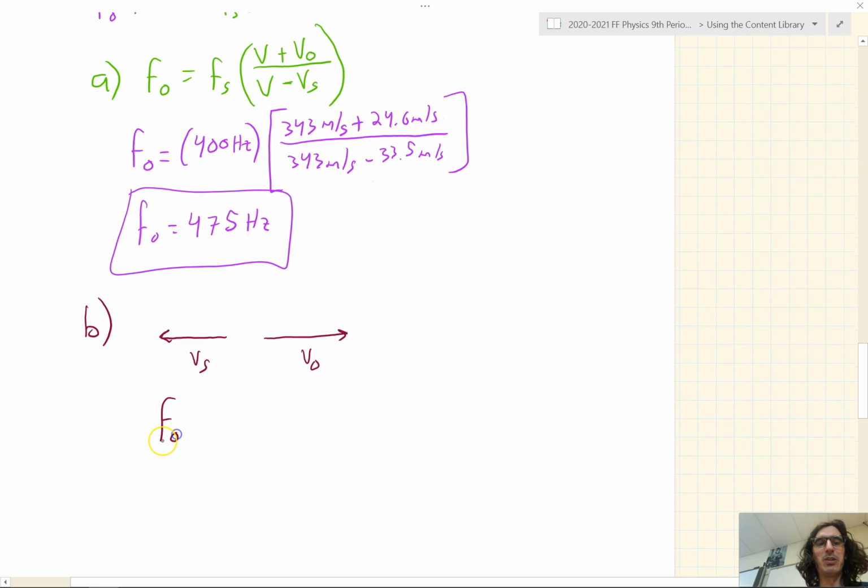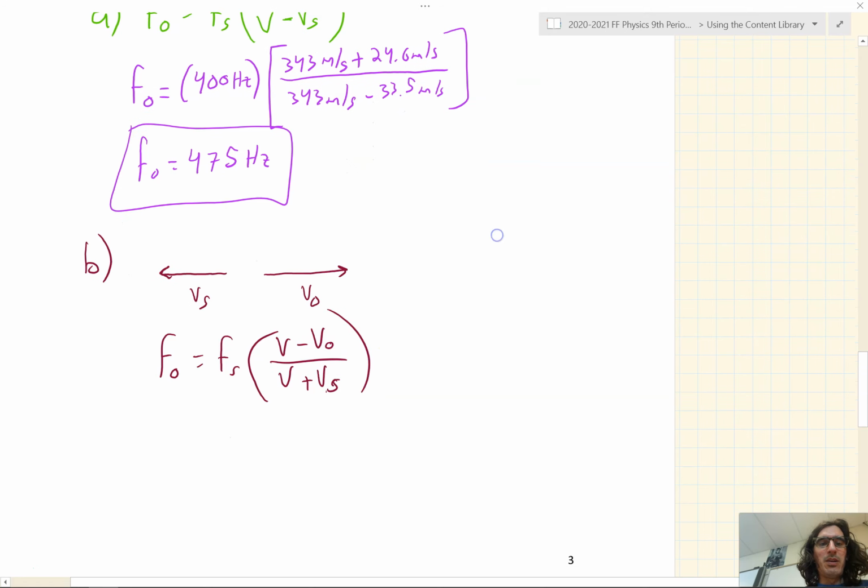That gives us the observed frequency equals F sub s times V minus V0 over V plus Vs. Plug and chug, we'll skip that part, we'll plug it in our calculators, and we get 338 hertz.